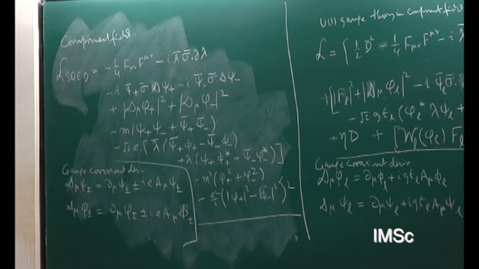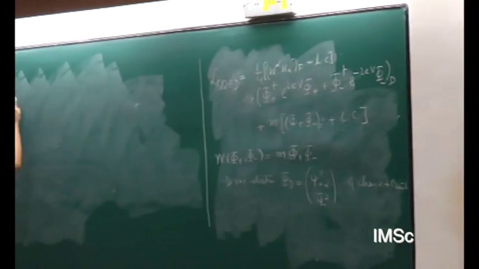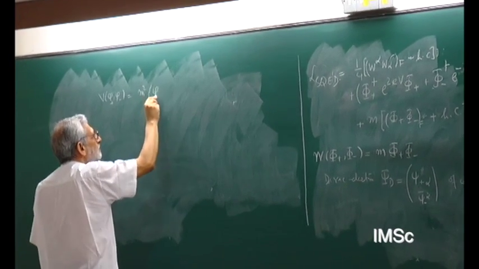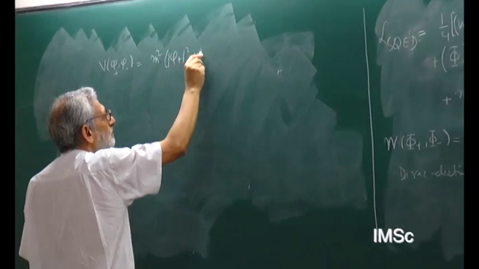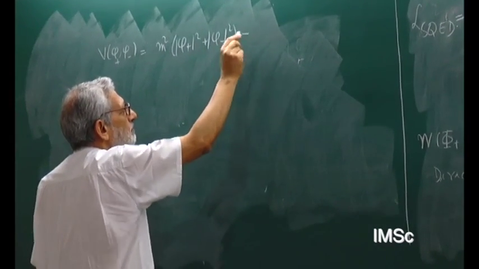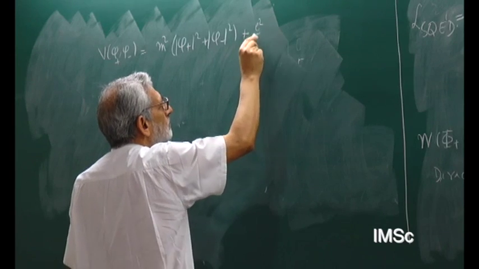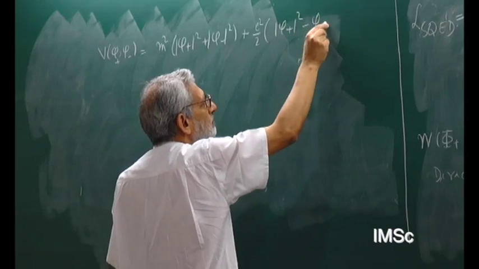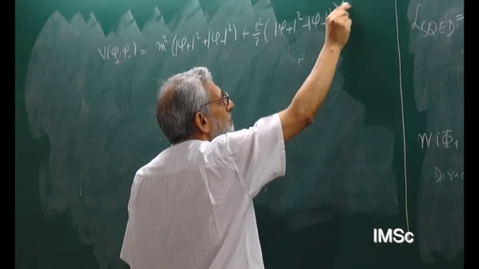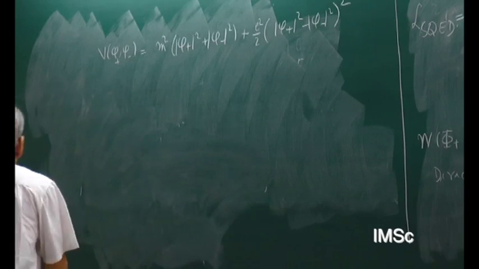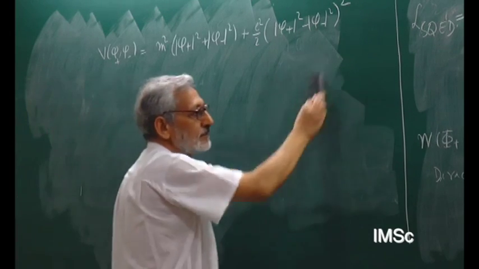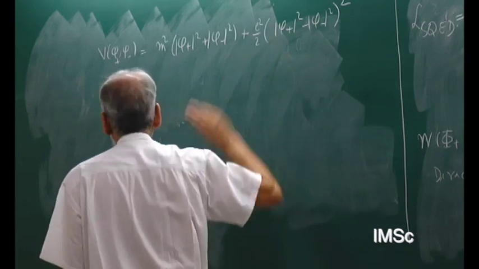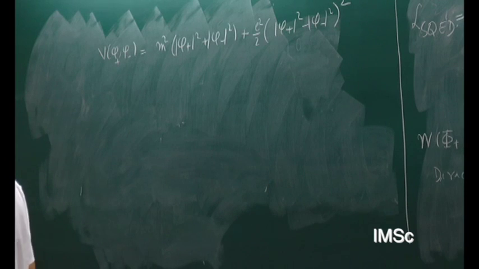So let me write the potential again. This comes after eliminating the auxiliary field.